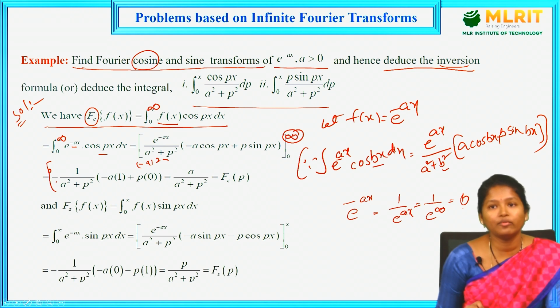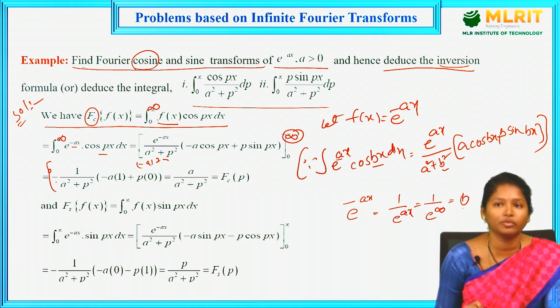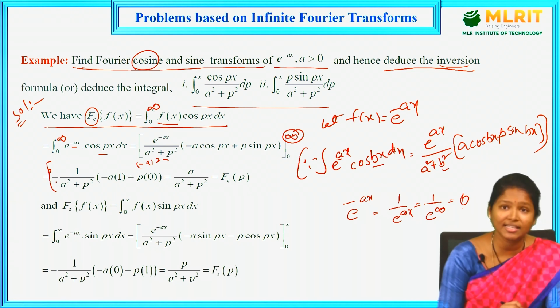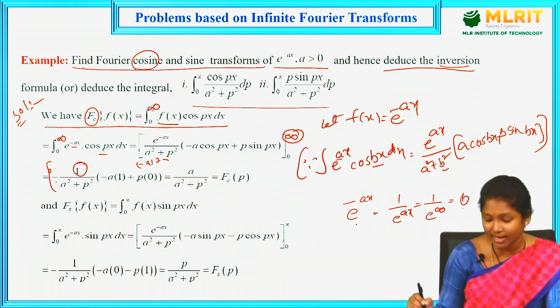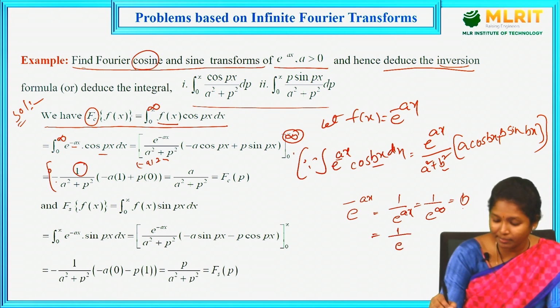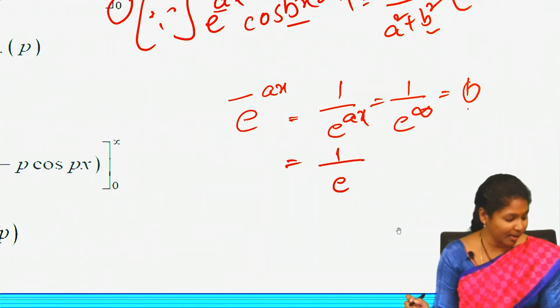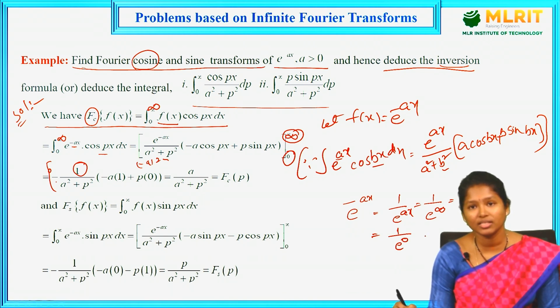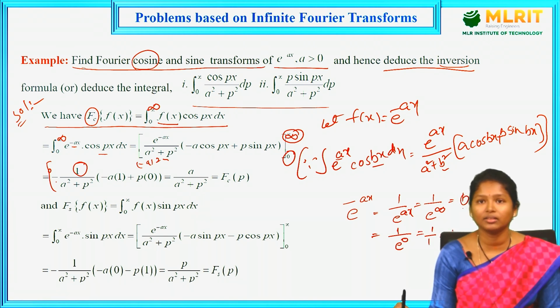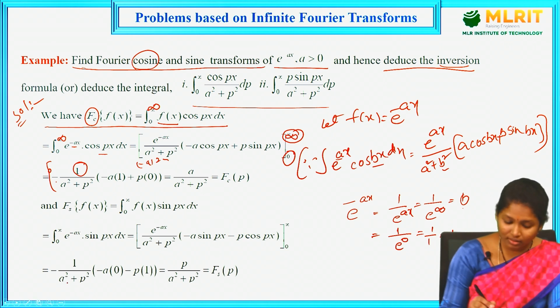When substituting the lower limit we put a minus. So minus 1 by a square plus p square. Here e power minus ax is 1 by e power ax, and the lower limit is 0, so 1 by e power 0. Anything power 0 is 1, so we get 1.